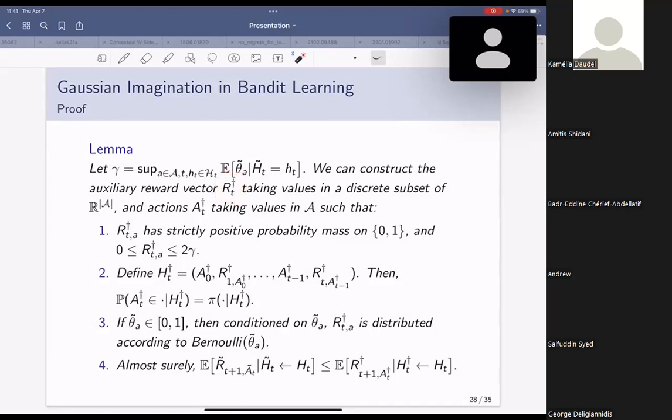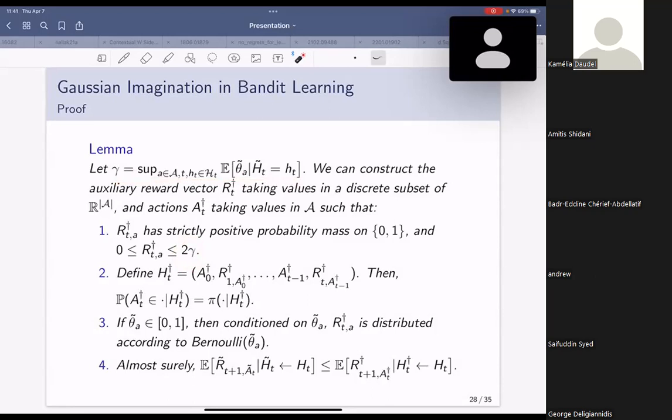We can construct the auxiliary reward vector, which takes discrete values and has these 4 properties. So the first property says that the R tilde, the auxiliary reward for each action at each time step, has a strictly positive probability mass on 0 and 1, and is bounded by 2 gamma, which gamma is the term here we had.